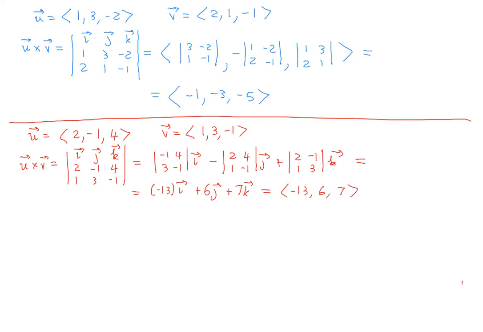Now, let's list the properties of the cross product. So what do we have? Well, the first one is that the cross product is not commutative.